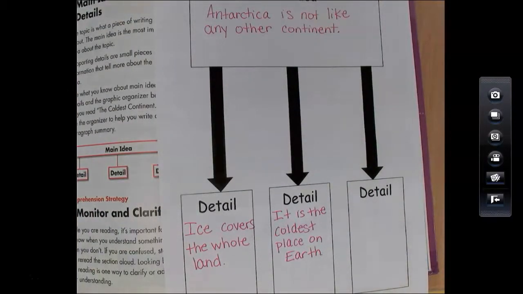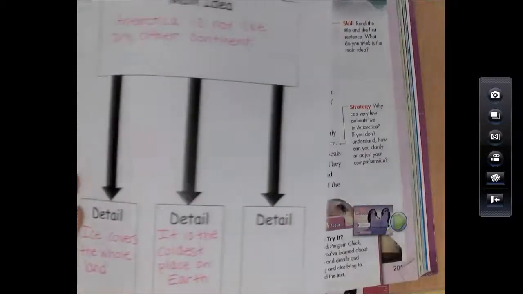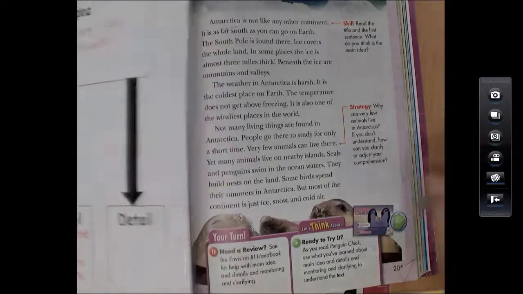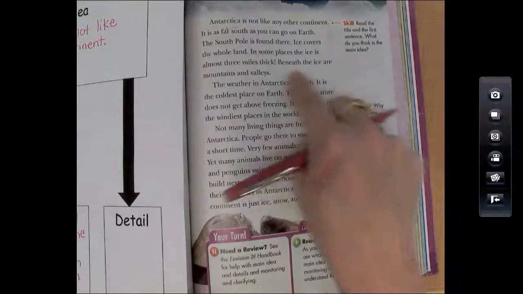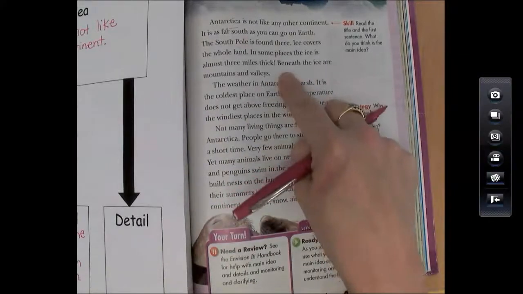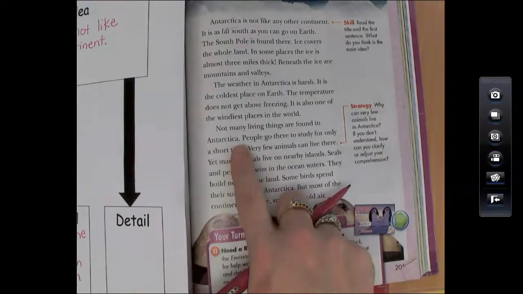So let's figure out one more detail. What other detail can we talk about how it's not like any other continent? What did they say? Well, if you don't know, let's go back to our story. So we know this paragraph talks about the weather. So let's go down to our last paragraph.